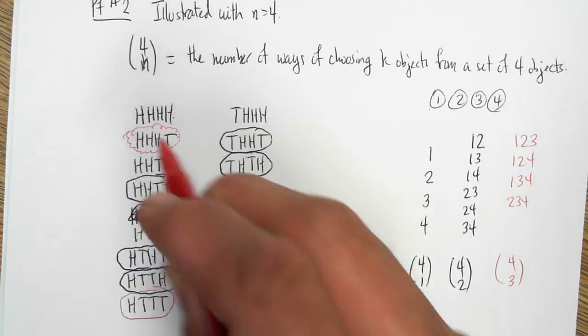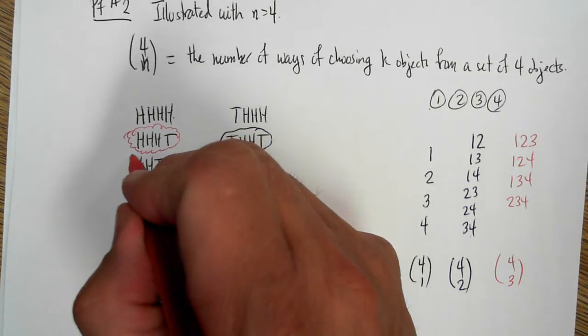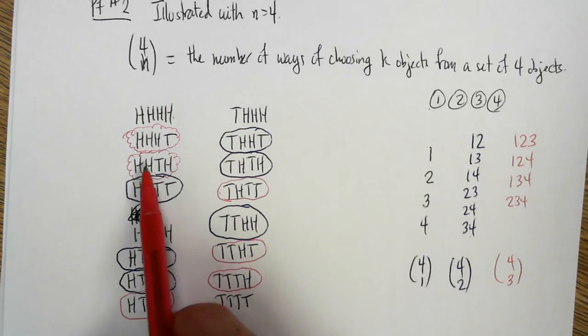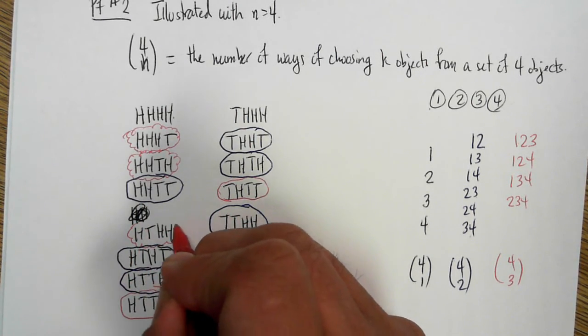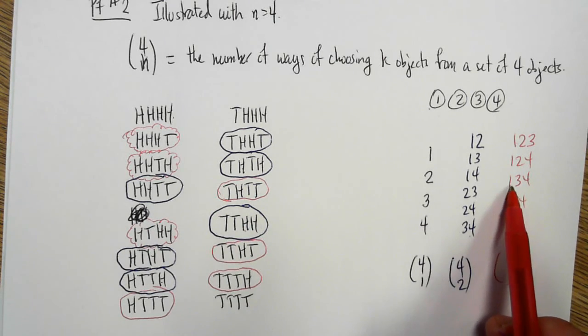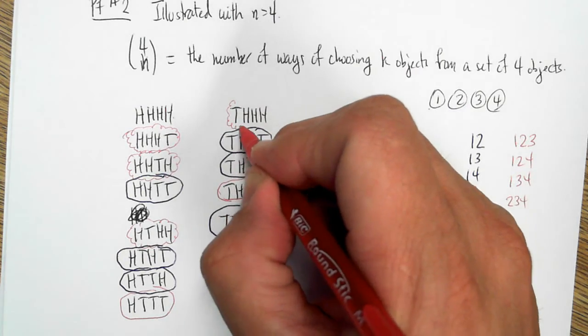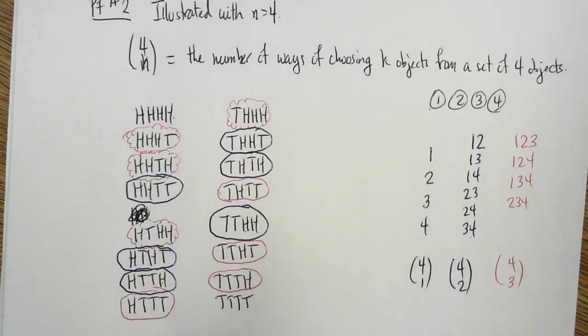This one right here corresponds to 1,2,3: head on the first, head on the second, head on the third. This one here corresponds to 1,2,4: head on the first, second, and fourth. This possible scenario corresponds to head on the first, third, and fourth. And this one here corresponds to head on the second, third, and fourth.